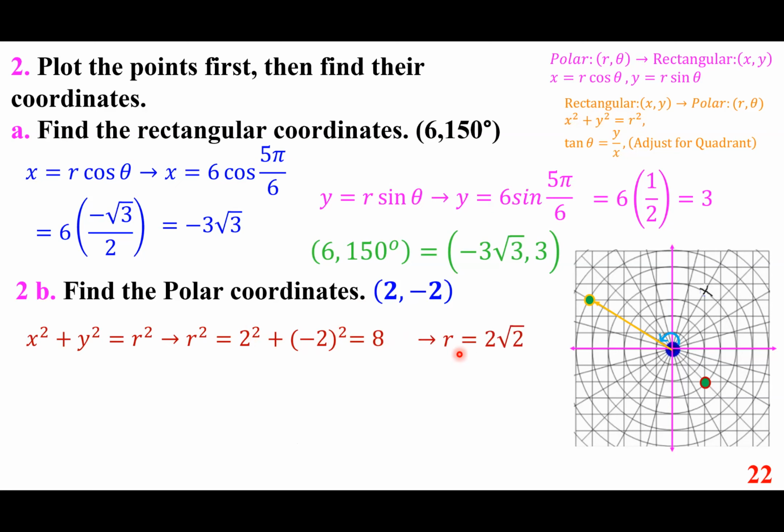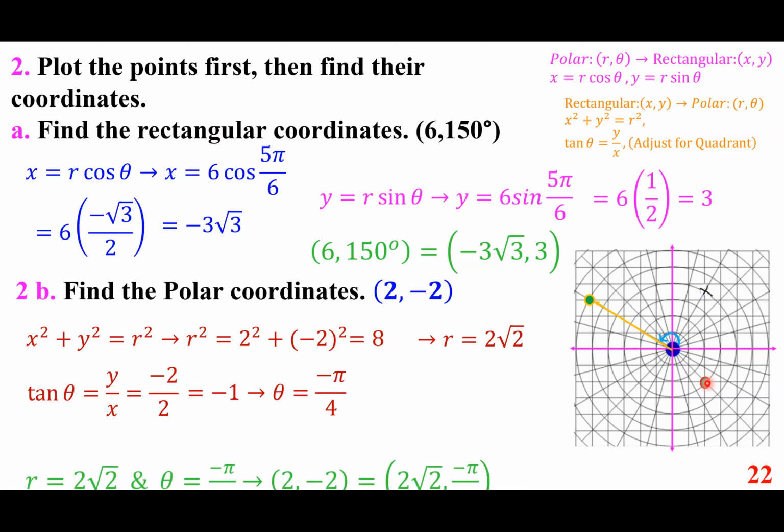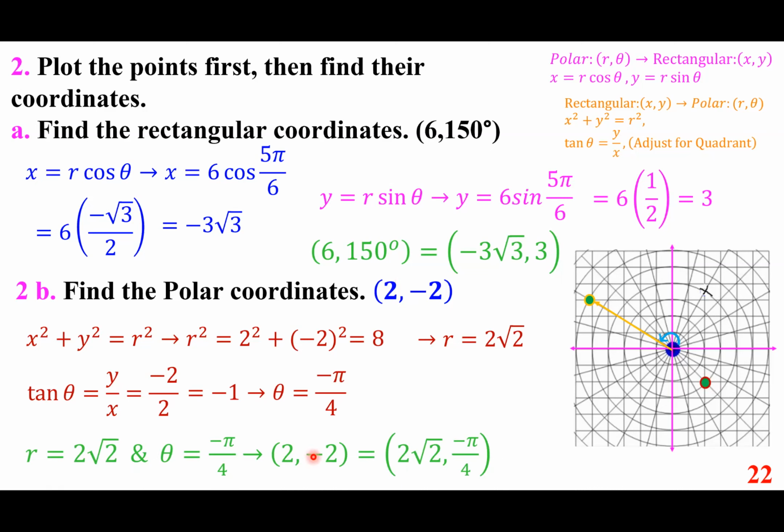I'm assuming everybody knows square root of 8 is 2 square root of 2. Now we want to come up with theta, and tan theta is y over x, -2 over 2 makes it negative 1, and theta becomes negative pi over 4. Therefore, this pair can be written as 2 square root of 2, comma, minus pi over 4.